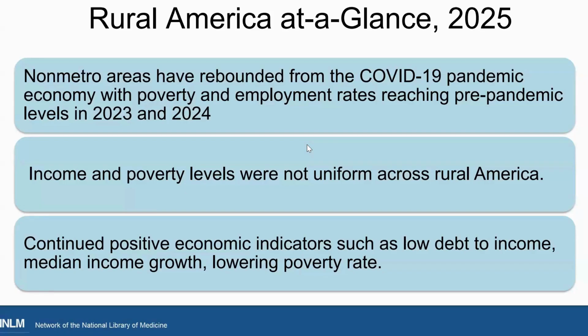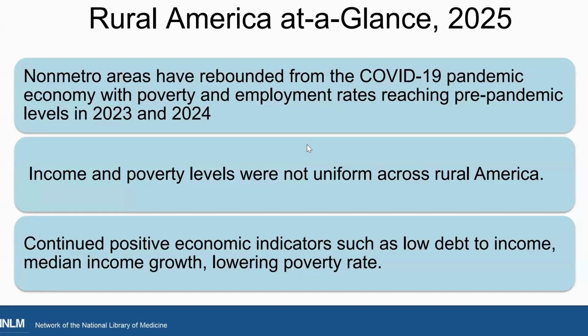Continued positive economic indicators include low debt to income, median income growth, and lower poverty rate. The non-metro area poverty rate was one of the lowest on record in 2024, and that's a direct quote from this report. The biggest conclusion is that taken together, the indicators presented in this report suggest a balance of growth and stability in rural America.